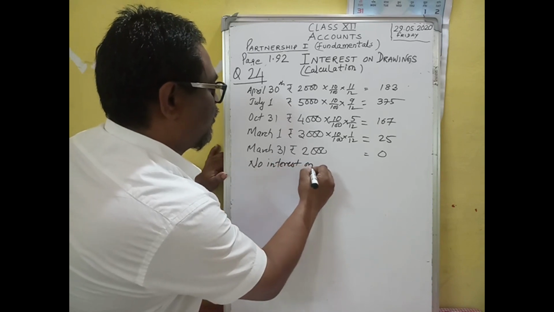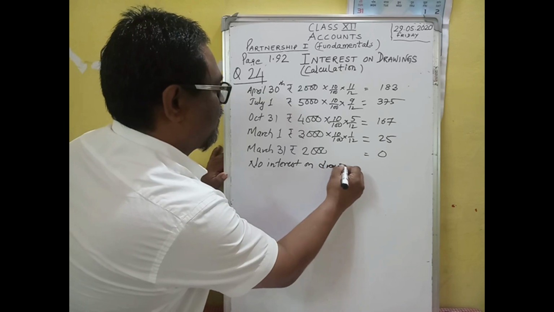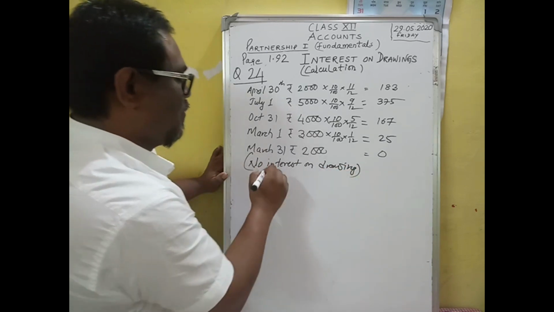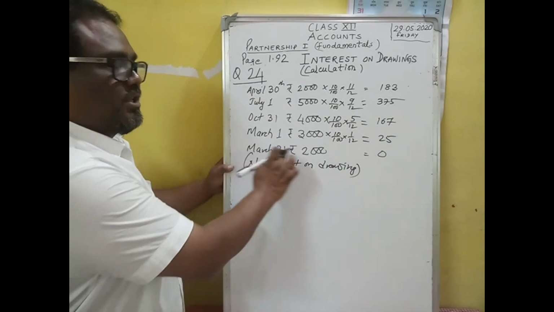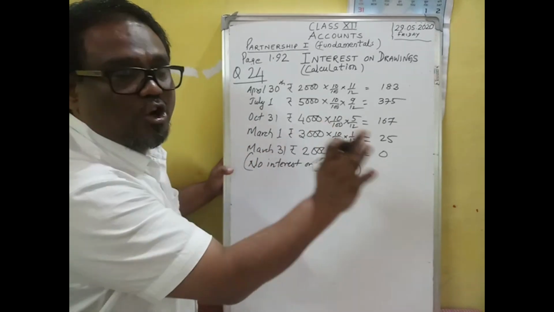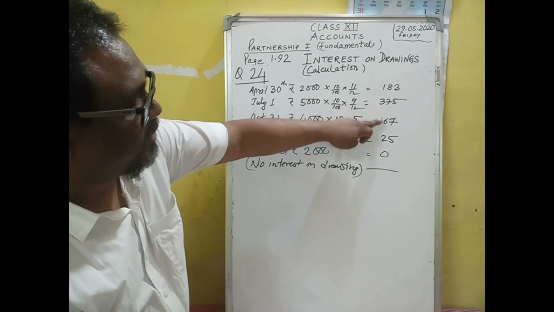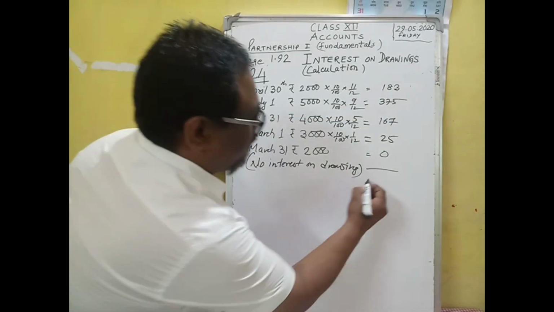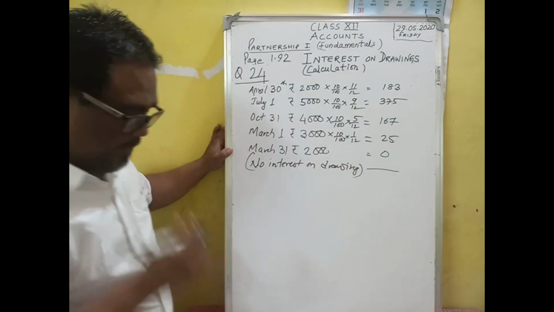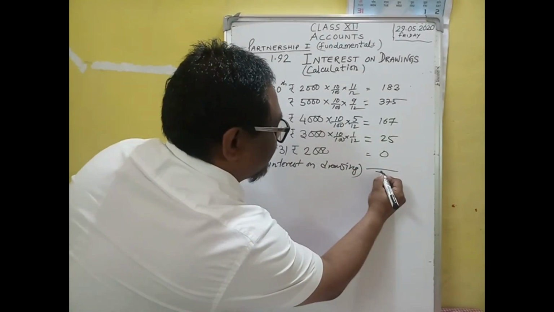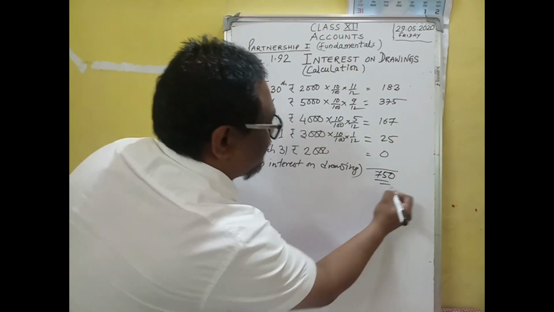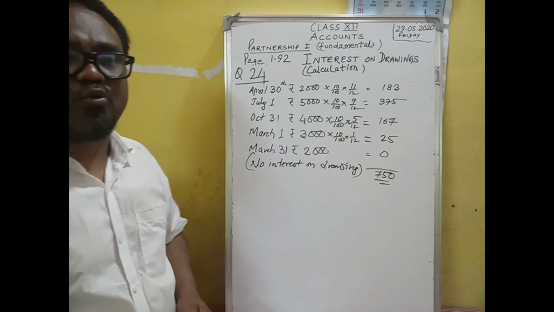The total is 183 plus 375 plus 167 plus 25. The total amount is 750. 750 is the total interest on drawing.